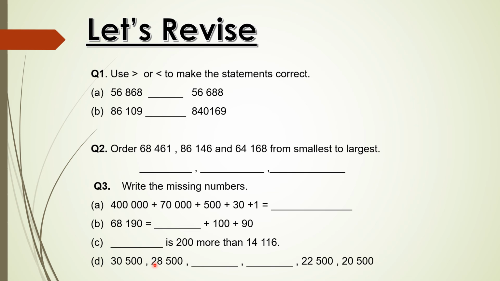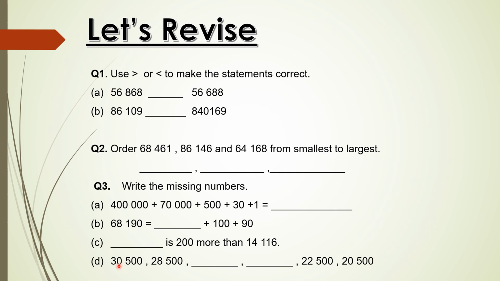Minus 2,000, right? We are doing minus 2,000 and then minus 2,000. You can see here, this is 500 and this is 500. But here 30 and here we have got 28. So what is the difference between 30 and 28? Minus 2, right? 28, 29, 30.